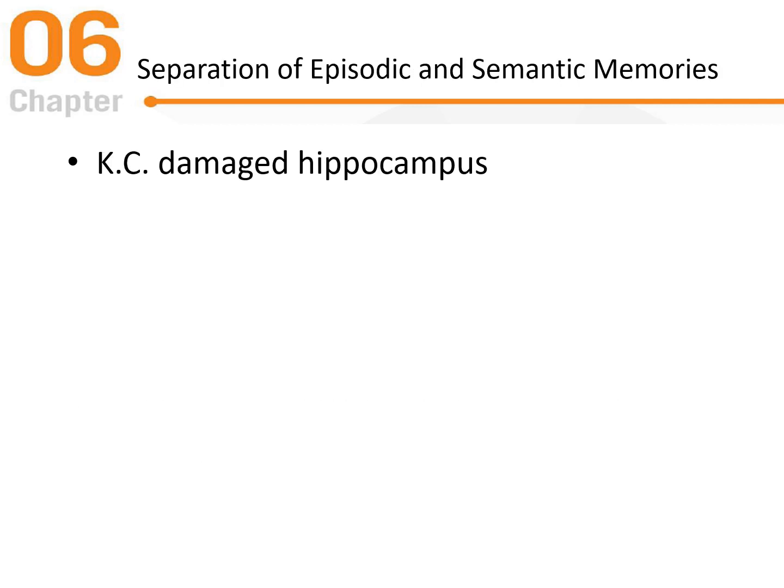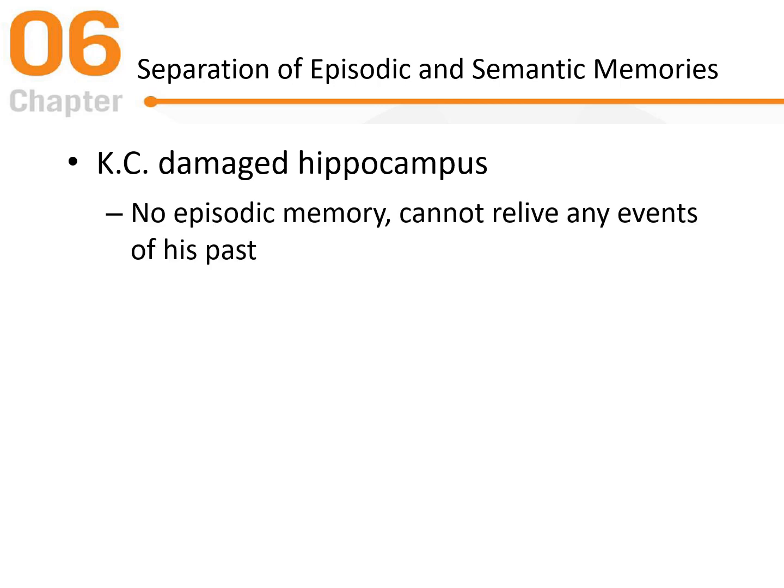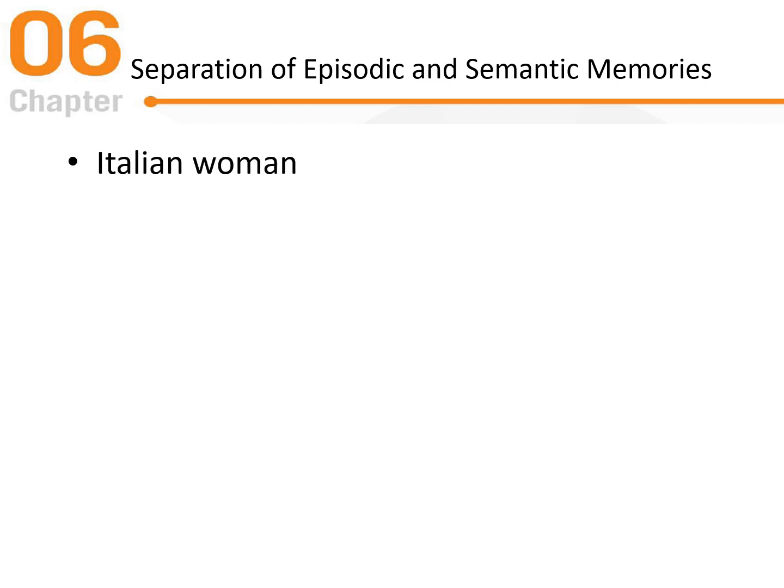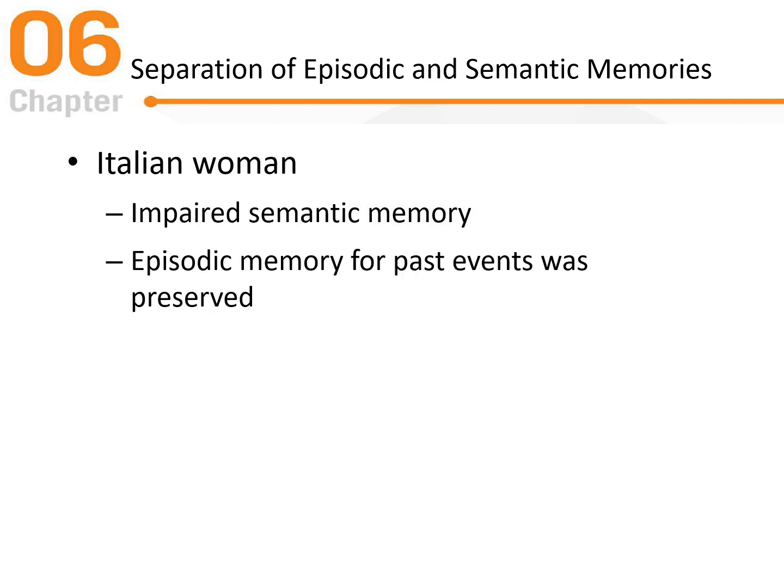For example, if we look at patient KC, KC was also in a motorcycle accident and suffered severe damage to his hippocampus and the surrounding structures. KC has no episodic memory whatsoever and can't relive any events from his past. He does have semantic memories, so basic factual knowledge, but he doesn't know how he knows these things. He has no memory of experiencing past events. But in contrast, we have a case of an Italian woman who has impaired semantic memory, but her episodic memory for past events is preserved.